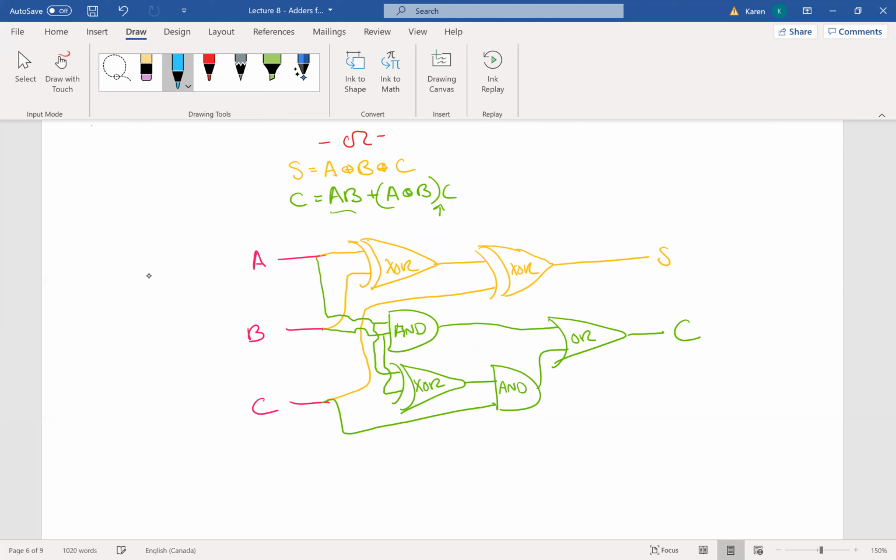So what I would do is I would get rid of this exclusive or A exclusive or B, and I would say, well, it already exists here, so I would tie into it. And I would just wire that into that AND gate. So this, I'm hoping, is what we're going to see above. We're going to see 2 AND gates, and we're going to see 2 exclusive OR gates and an OR. I hope that's what we'll see.